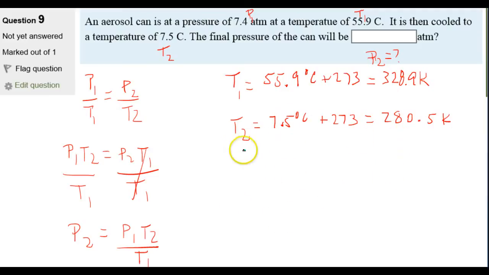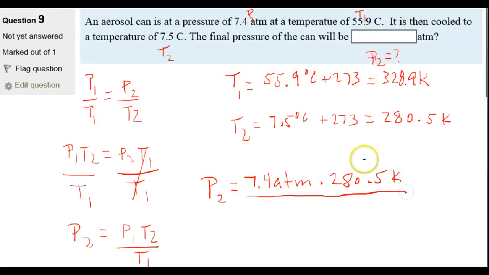Alright, so now that we've converted the temperatures to Kelvin, we can go ahead and plug these into our formula here. So P2 is going to equal P1, which is 7.4 ATM, times T2, which is 280.5, and we're going to divide this by T1, which is 328.9.